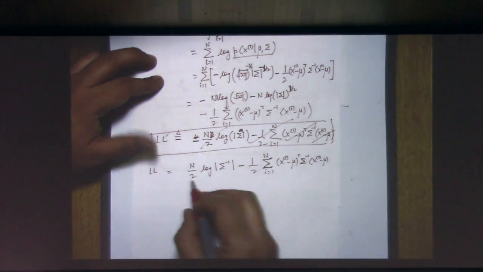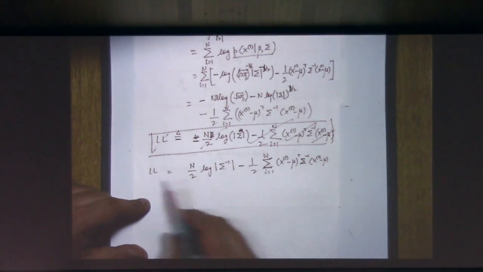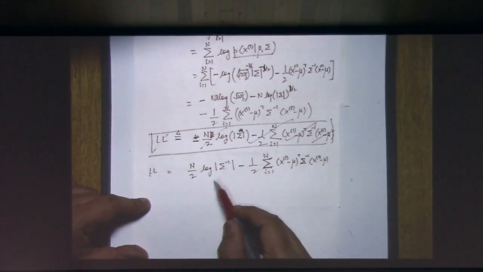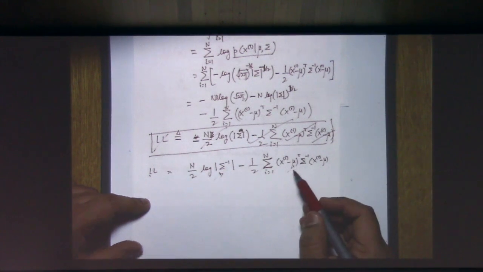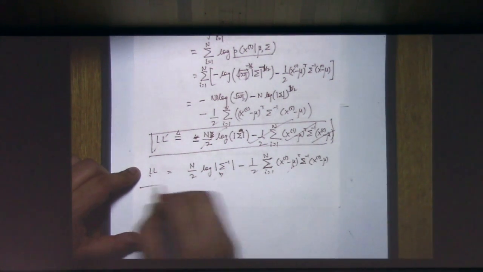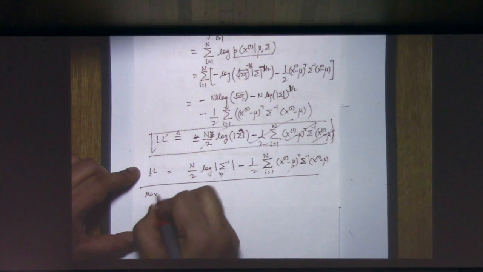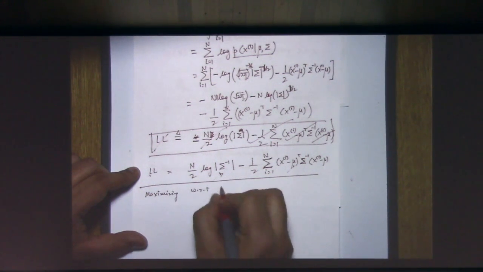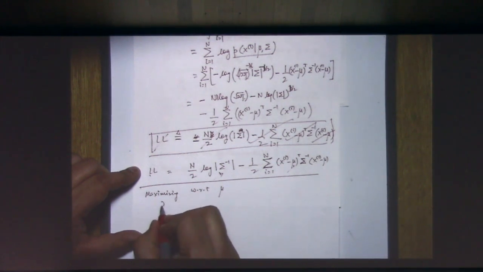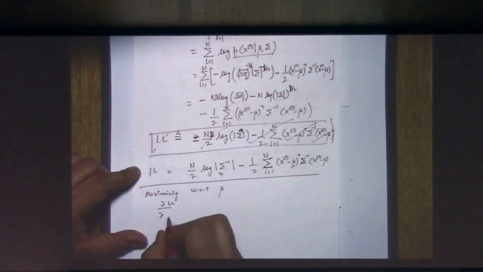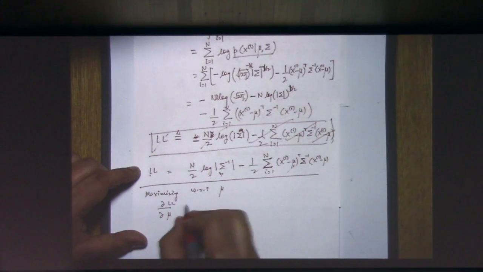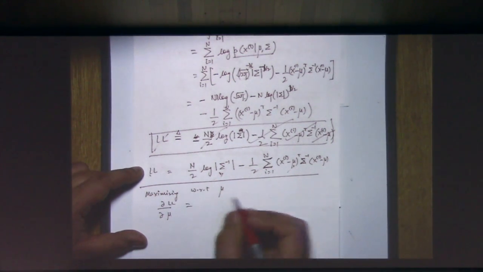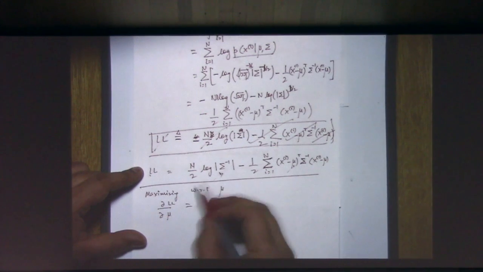All right. Now we have to maximize this with respect to sigma and with respect to mu. So let's do mu first. What we will do is compute the partial derivative of this likelihood with respect to mu, and then set it to 0, right? Remember this term does not have mu, so this will go away.